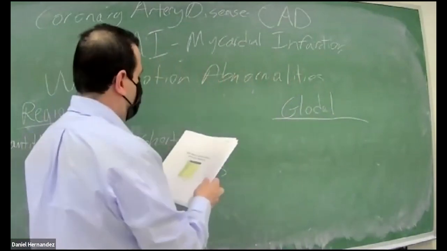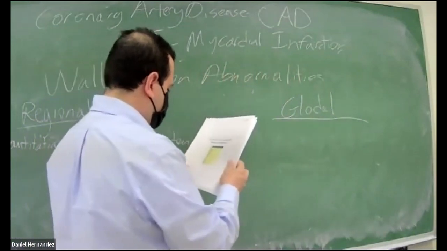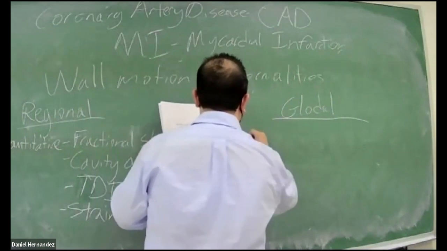Then under global wall motion abnormalities, we have ventricular geometry.